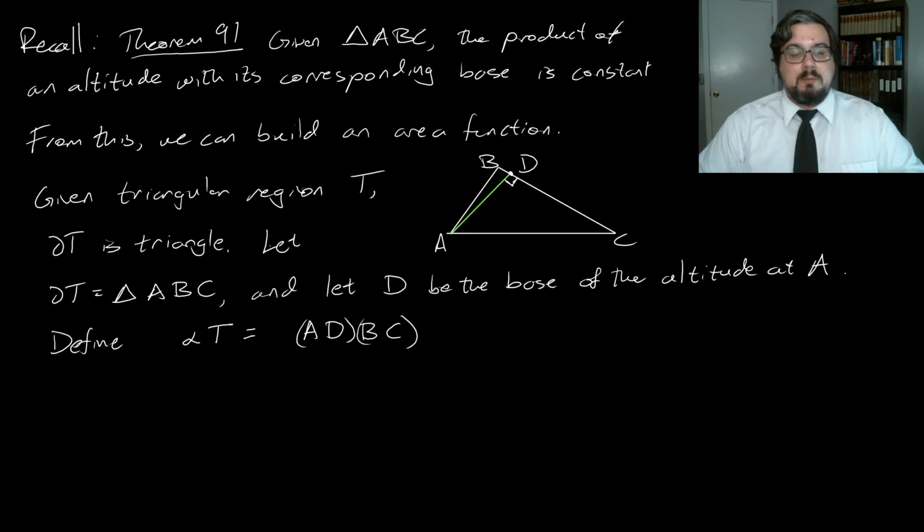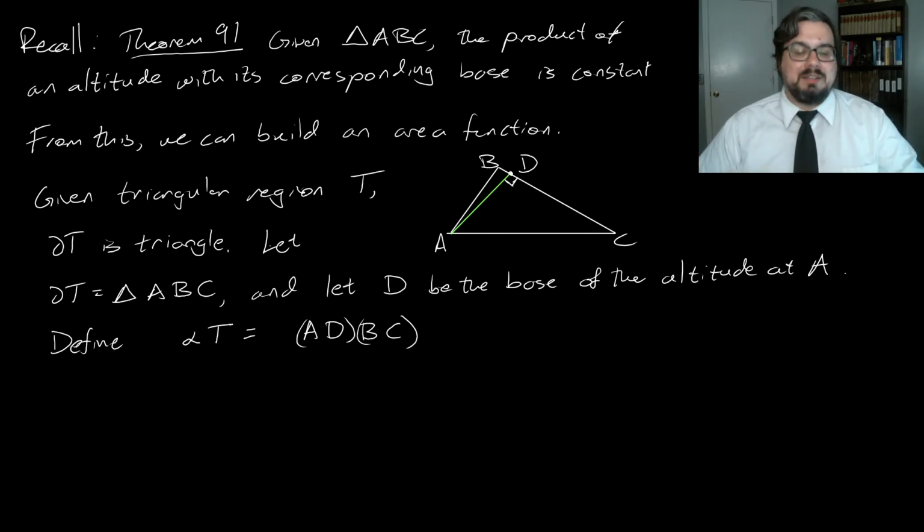And so by labeling the vertices A, B, C, and specifically choosing, let D be the base of the altitude at A, if we didn't have Theorem 91, then we would have to ask, all right, well, what happens if we labeled the vertices some other way? What happens if we switch the labels of A and B?